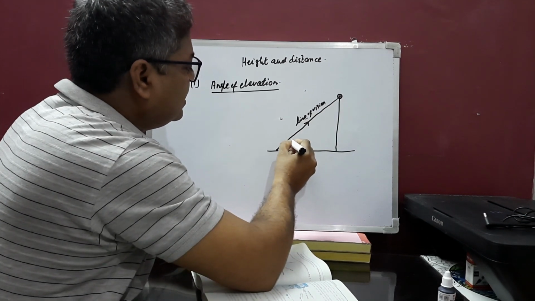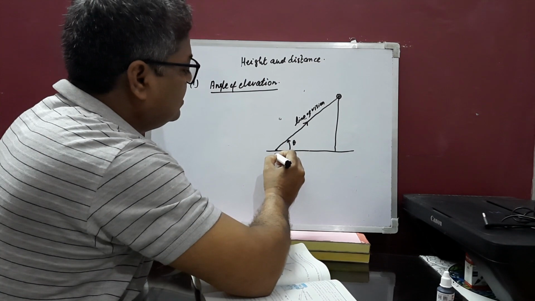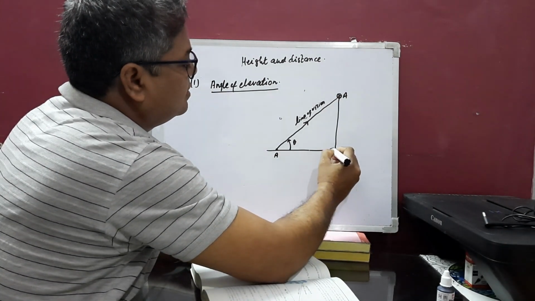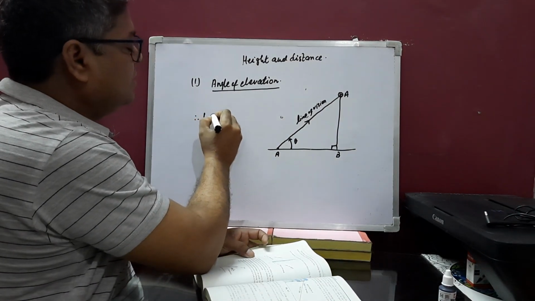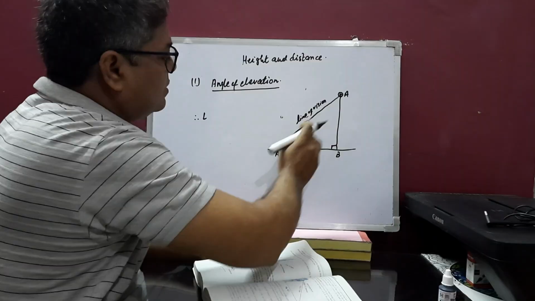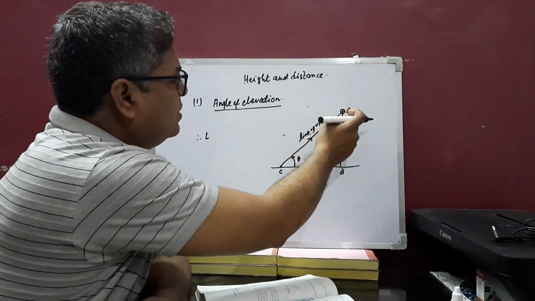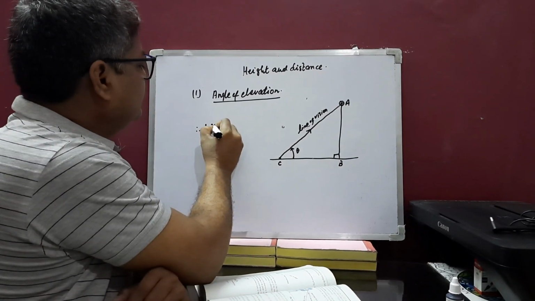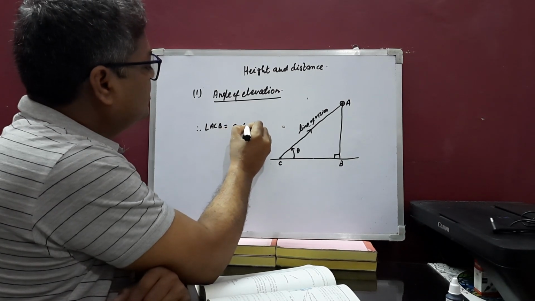So this angle formed at his eyes is called angle of elevation. Therefore, this is C, so angle ACB is called angle of elevation.